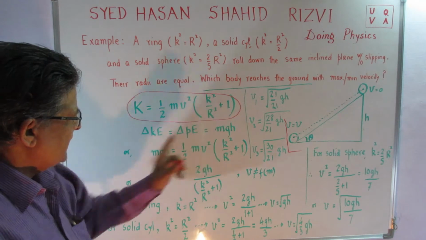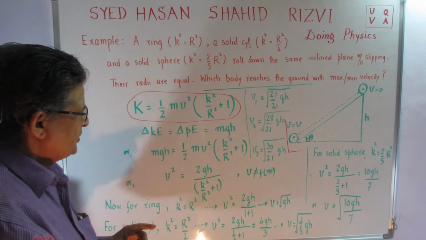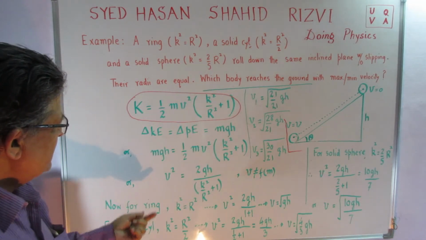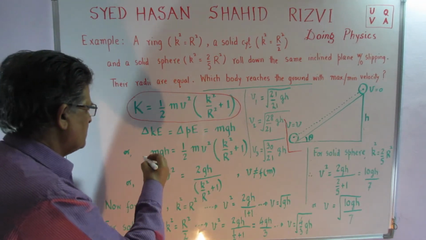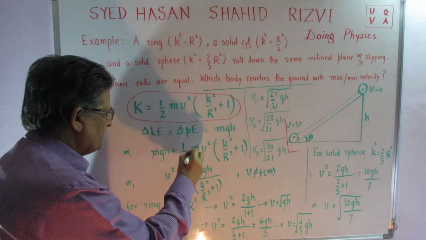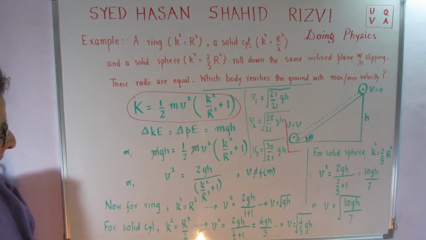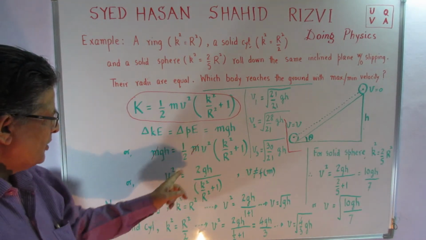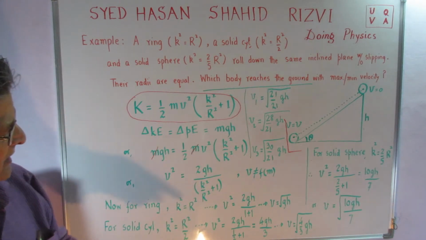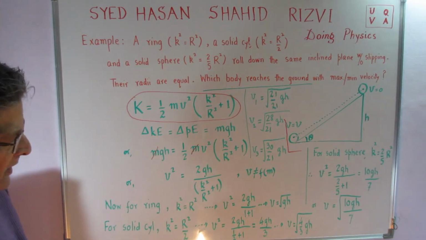So if I equate this K to mgh, write this equation as it is, we find that the m and m are going to cancel out. So v square will become equal to 2gh divided by k square upon r square plus 1, which is put in the bracket here.